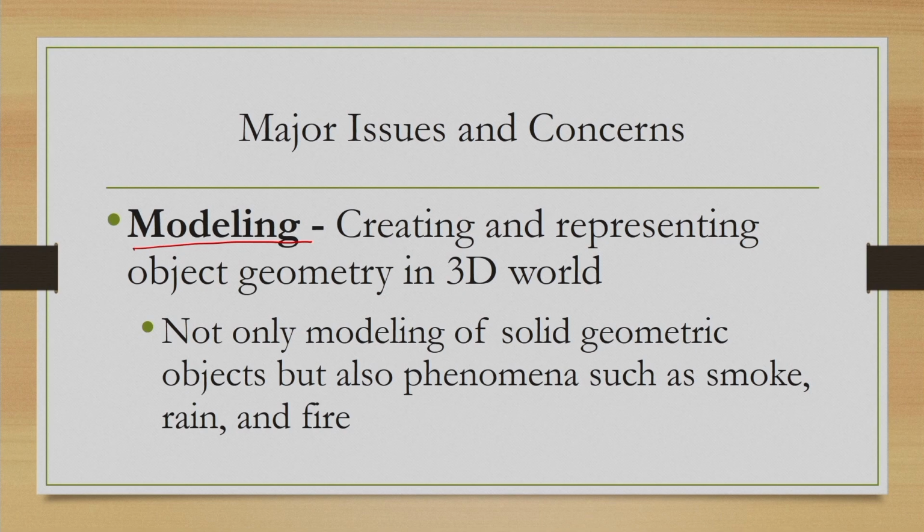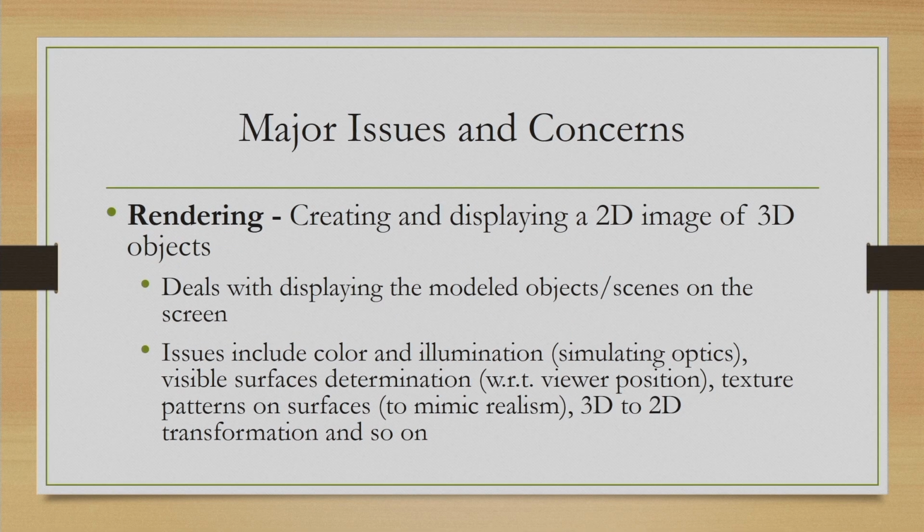And here we have to keep in mind that we are not only talking about solid geometric objects, but also some phenomena such as billowing of smoke, rain, fire, some natural events. So, how to model both objects as well as phenomena, that is one concern.